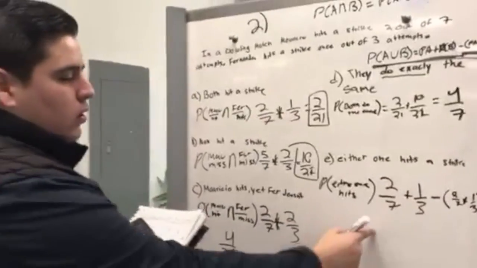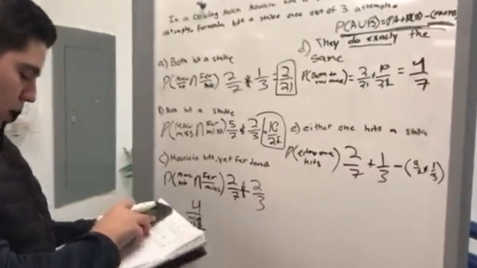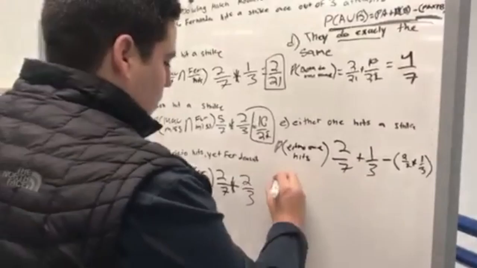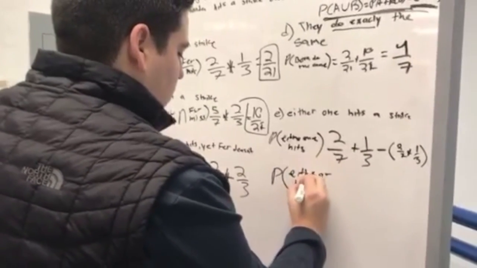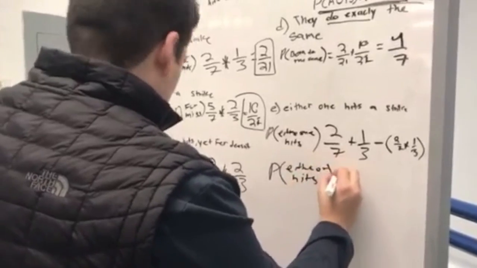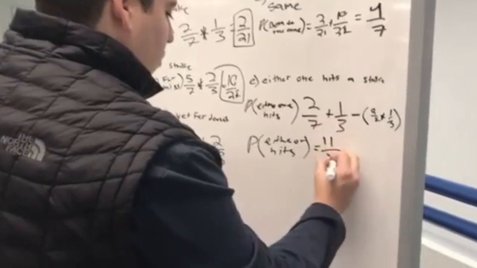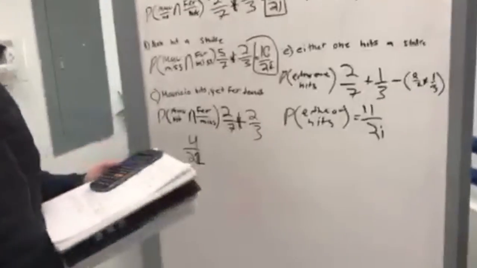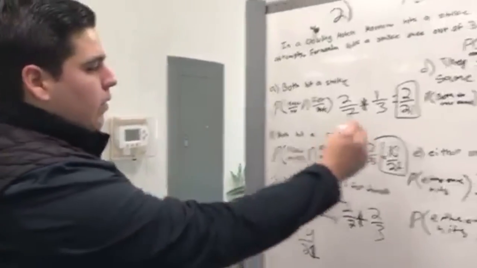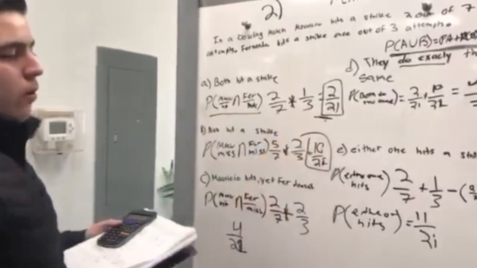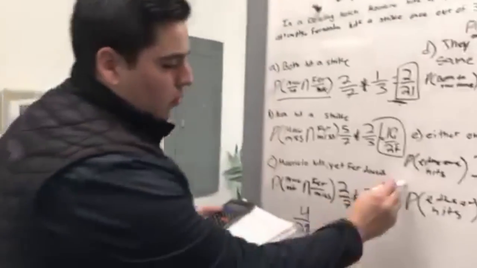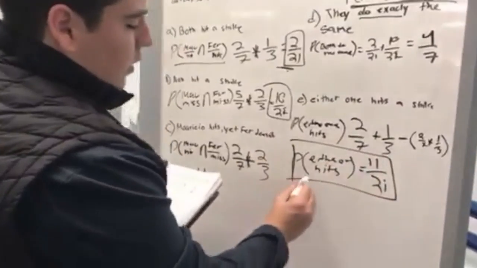So now you punch this in the calculator and it will give you a final answer of 11 over 21. Due to space reasons, we couldn't write this in the final answer, but if you have enough space, your final answer should always look like this with the probability written.